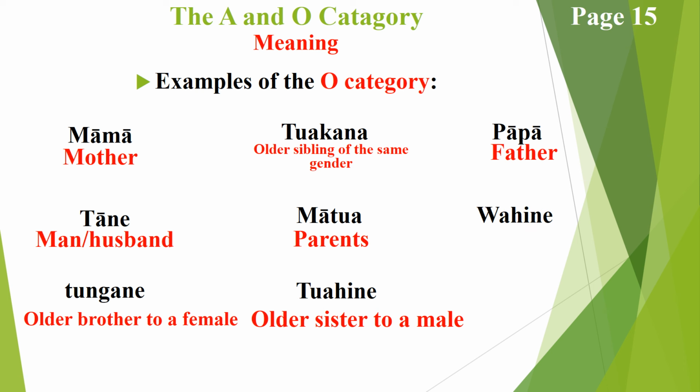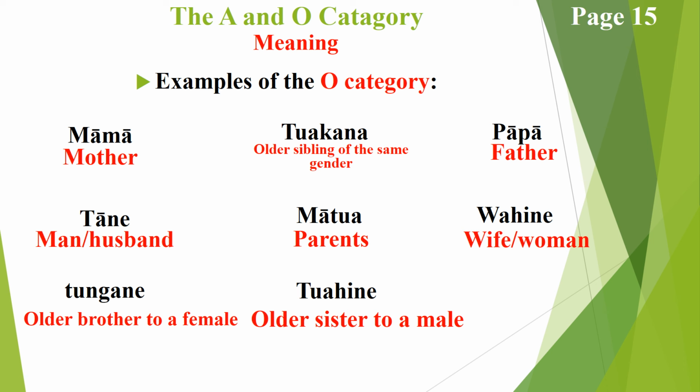Okay, wahine, which is wife, and husbands. Your wife is always put into the O category. To stop any arguments, once again, what I told you for the wahine, the shape of the ring you put on your wife's hand is in the shape of an O, not an A. And so, out of respect for your wife, she is always put into the O category.